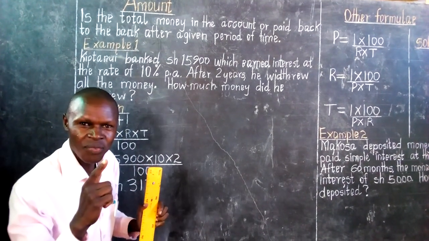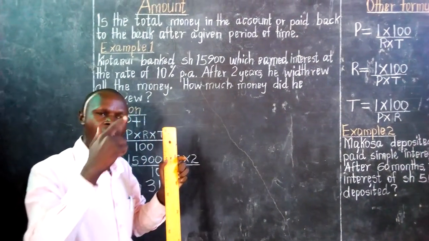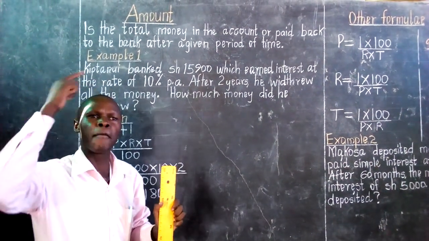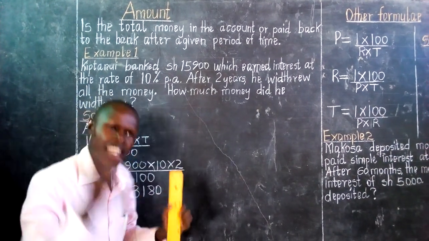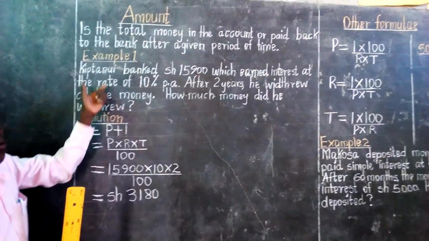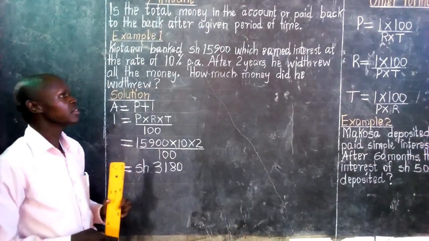That means you will add the principal plus the interest. Am I clear? I hope yes. I've said amount is calculated by taking the principal plus the interest. Fine. We have an example here that we want to work together.